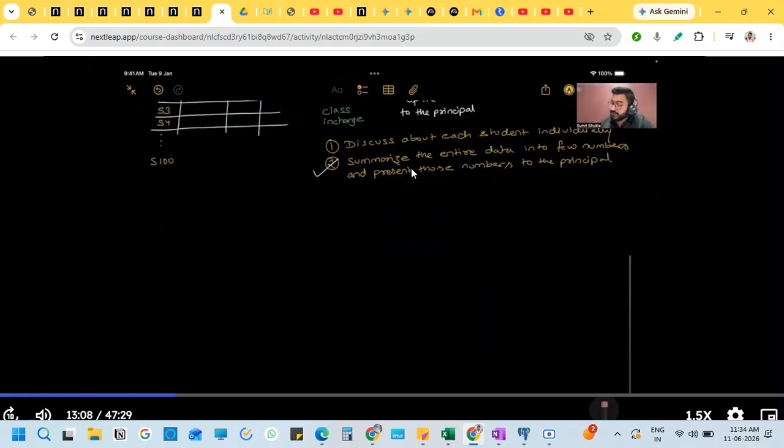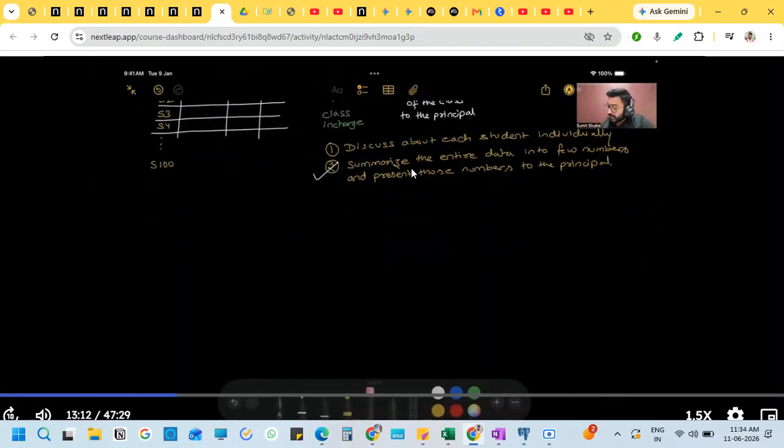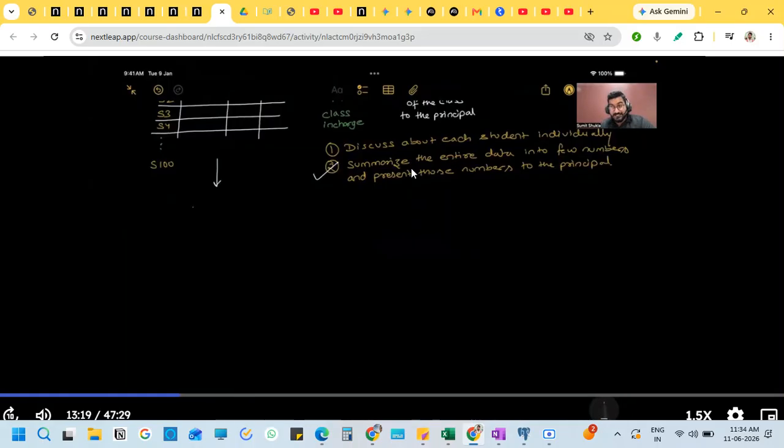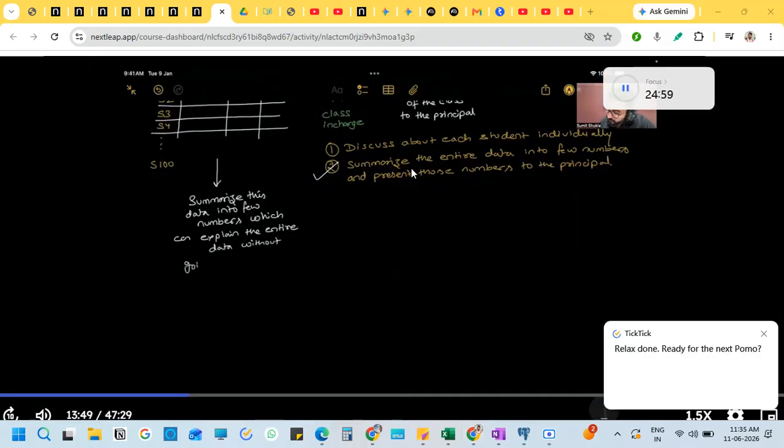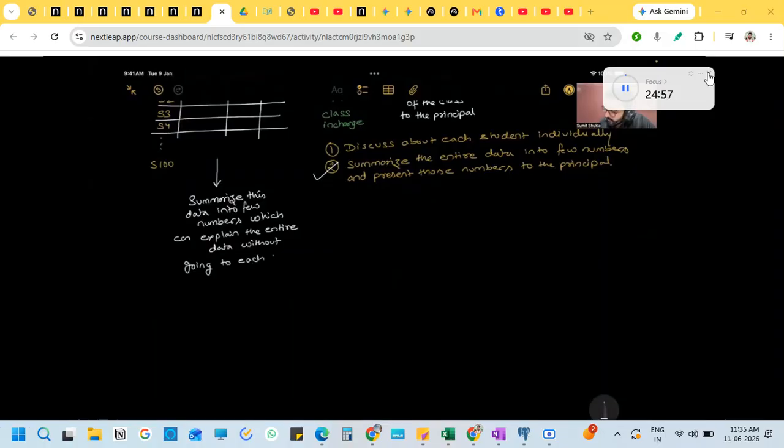So that is where we need descriptive statistics. Descriptive statistics will help us to summarize and describe this data into a few numbers which can explain the entire data without going to each and every row or the details, right?